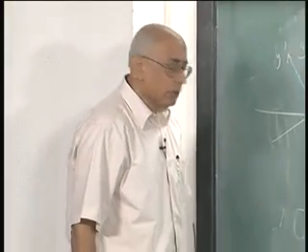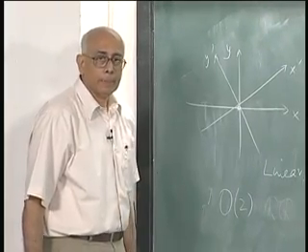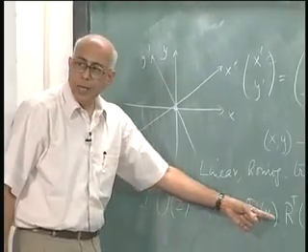But now I ask, what is the determinant of this matrix? The moment I say a matrix is orthogonal, it means the determinant of this matrix, its square, is equal to 1. So I can only say that the determinant is plus or minus 1.